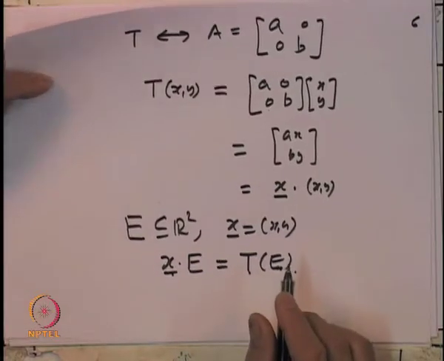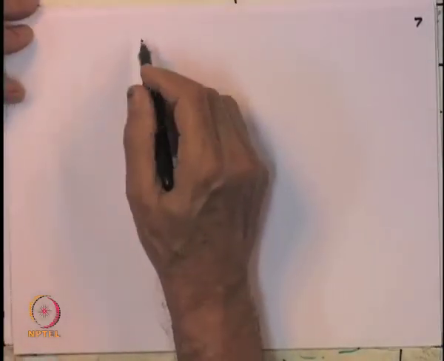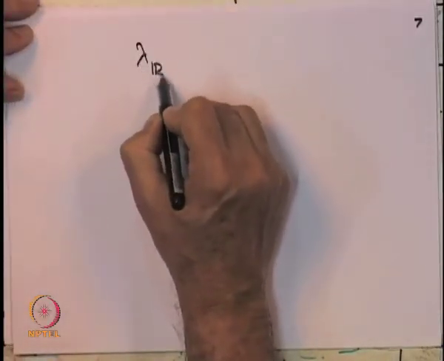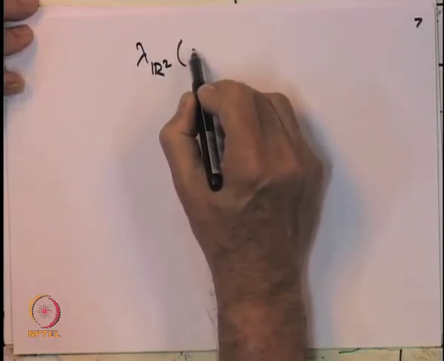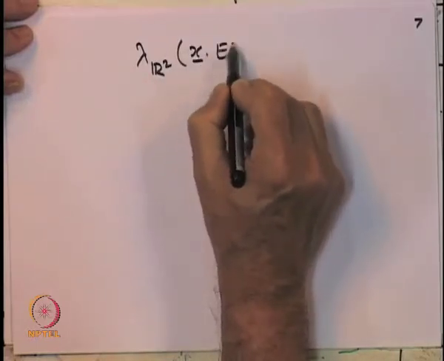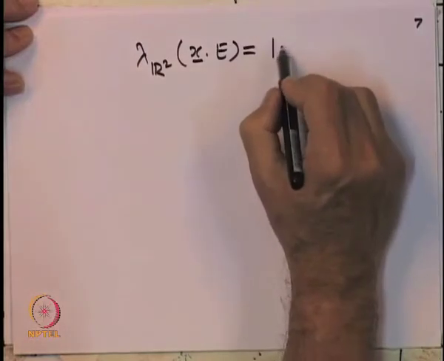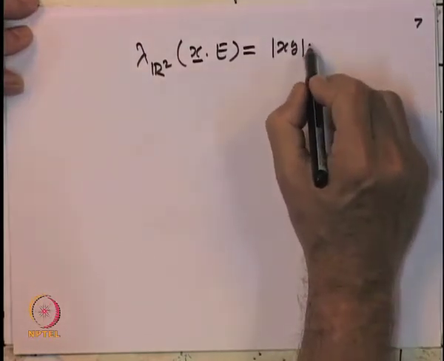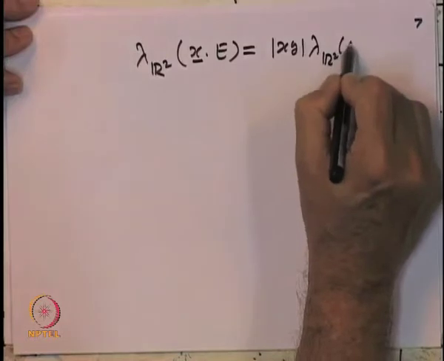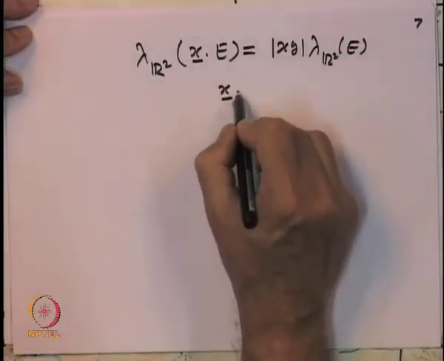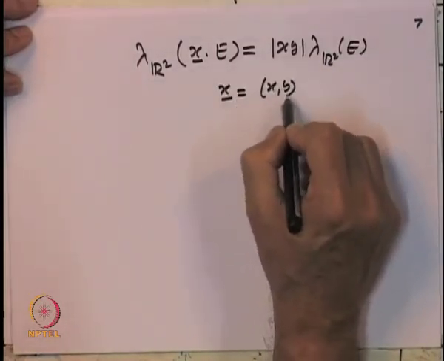And the result we proved just now says that the Lebesgue measure on R 2 of the set x dot E is equal to the absolute value of x y times the Lebesgue measure of the set E, where the vector x has components x and y.